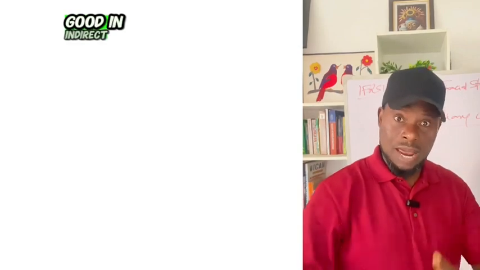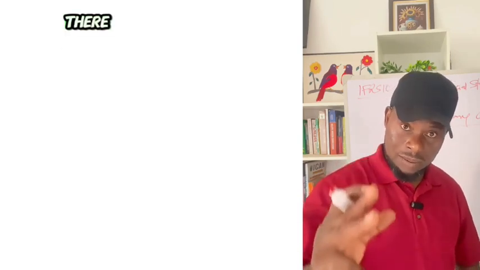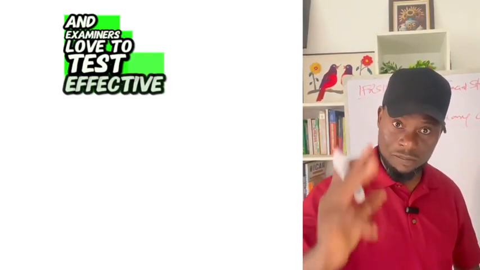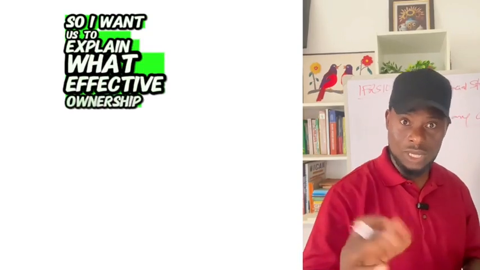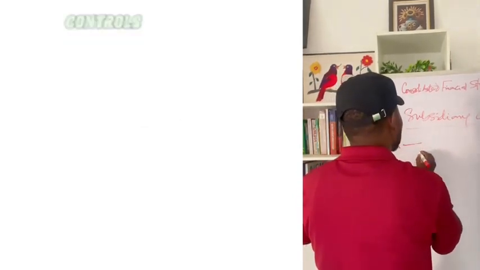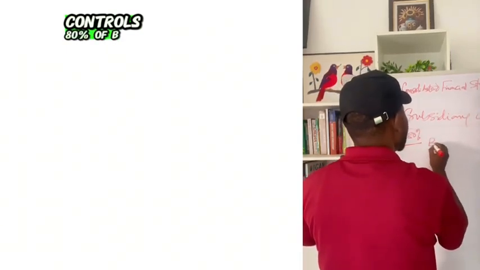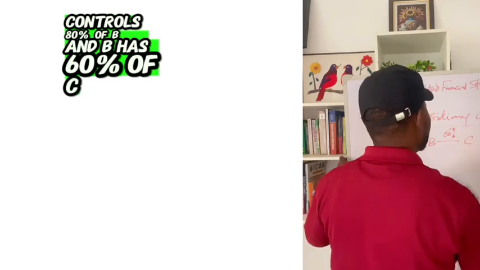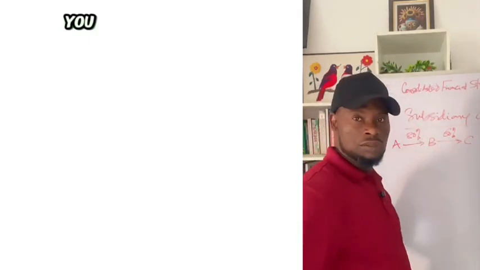Good. In indirect ownership, in indirect control, there is something we call effective ownership, and examiners love to test effective ownership a lot. So I want us to explain what effective ownership means. Now, if we say A controls 80% of B and B has 60% of C. So you see this?